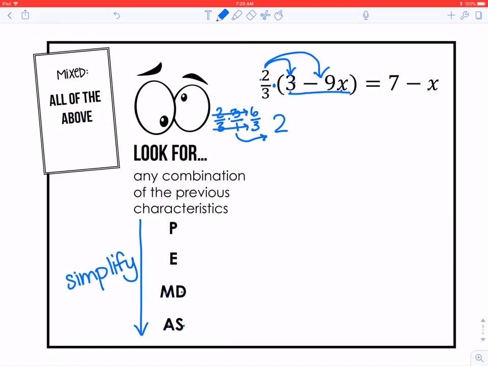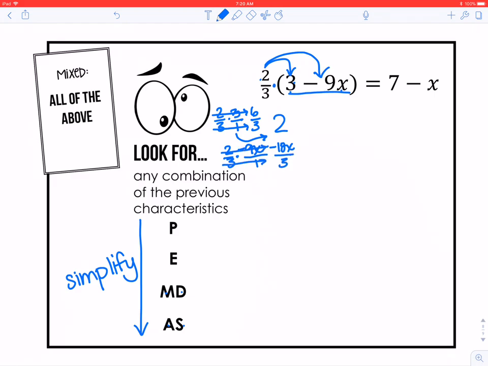Okay, let's go again. We're going to do 2/3 times a negative 9x. That looks like subtraction. Hang on. There we go. 2 times negative 9 is a negative 18x. And then 3 times 1 is 3.